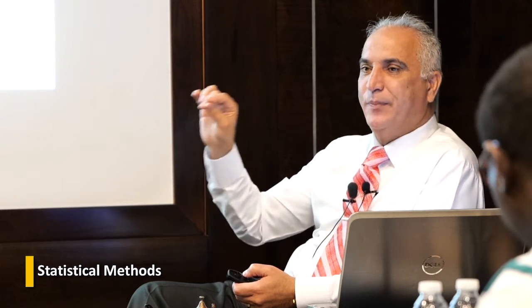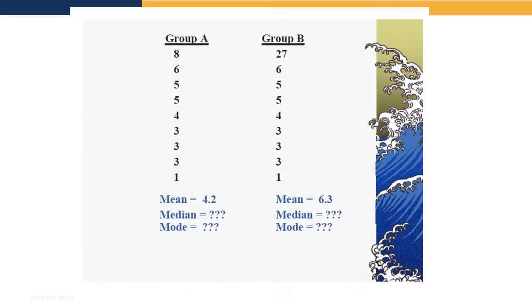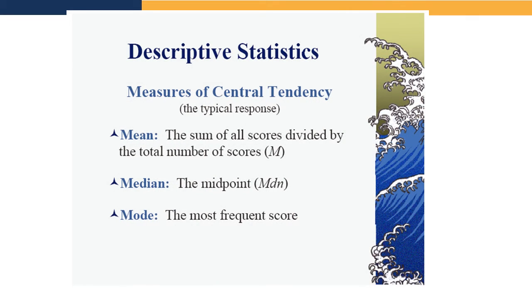You got it, guys? So in this case, we have data. These data are raw data. When we have raw data, we need to describe this data. In other words, we need to know the profile of the data. So we call this descriptive statistics, which is basically mean, variance, mode.